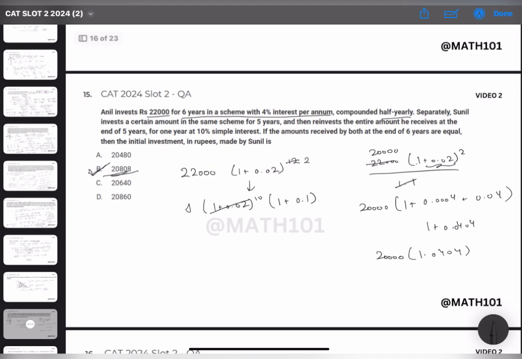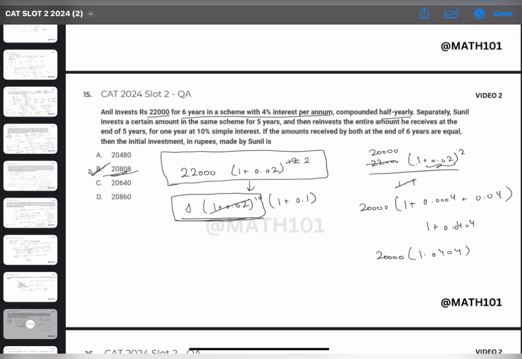So what we did is we first calculated the final amount due to Anil and then Sunil's amount after 5 years of this 4% per annum compounded half yearly. His value would be S into 1 plus 0.02 to the power of 10, because interest rates would become half because they are compounded half yearly.